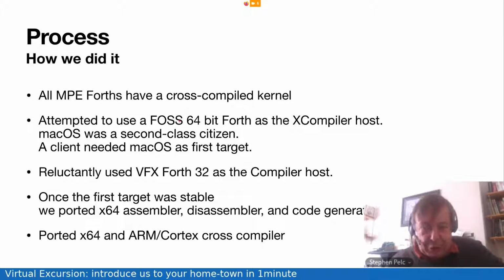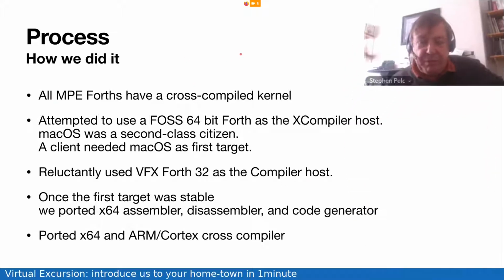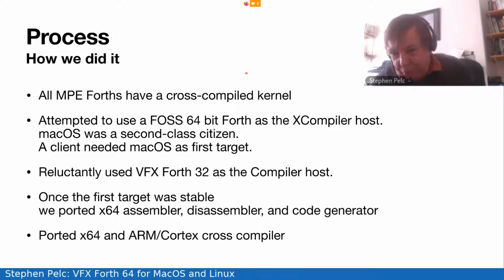So what did we actually do? Well, all MPE Forths have a cross-compiled kernel. At least all the desktop ones have a cross-compiled kernel. So we first thought, let's avoid one stage of the port, and we'll use an existing 64-bit Forth as the cross-compiler host.